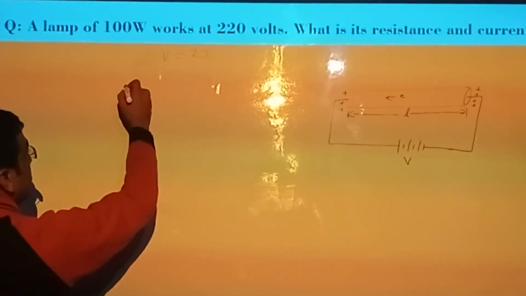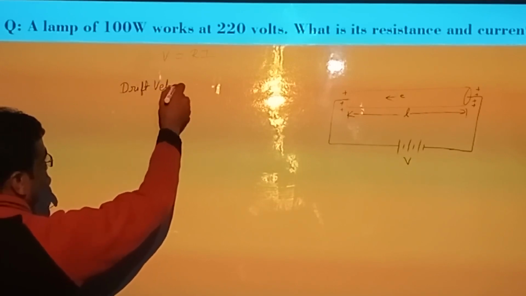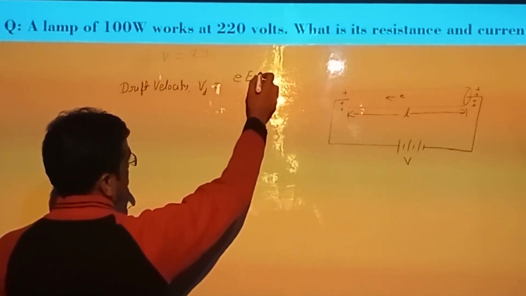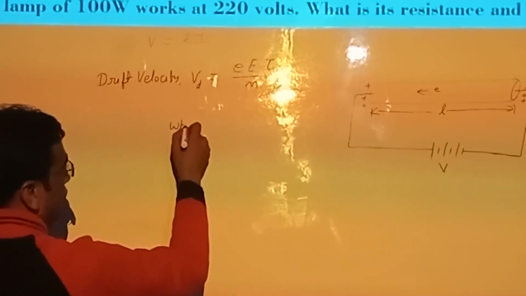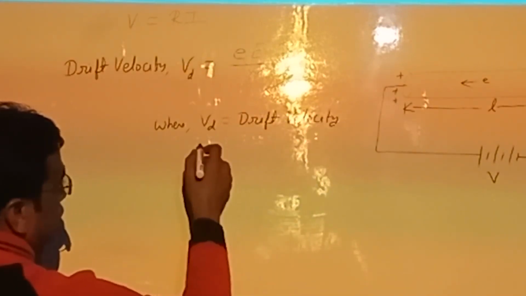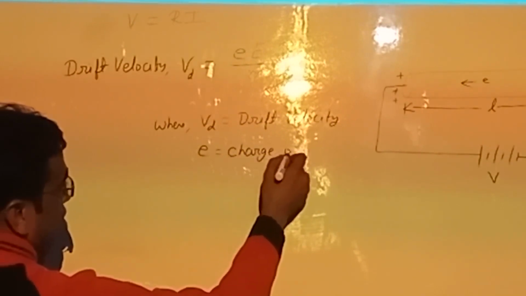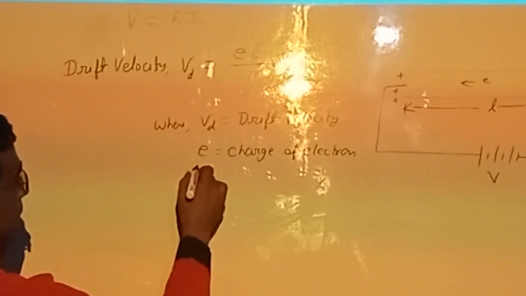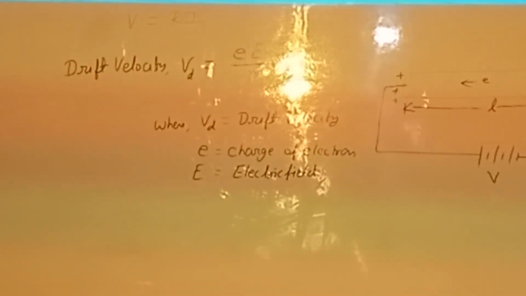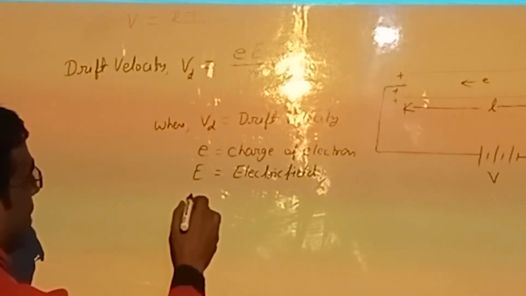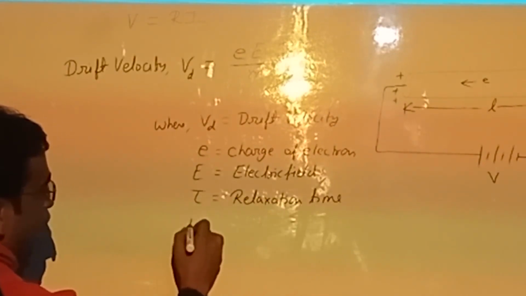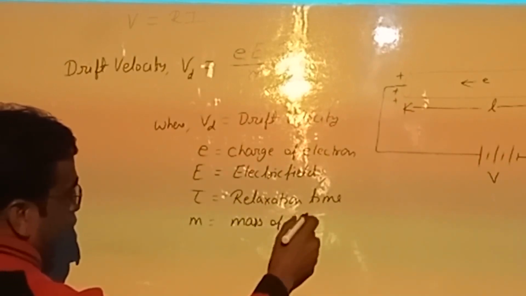So drift velocity, denoted by Vd, equals eE tau upon m, where Vd denotes drift velocity, e denotes charge of electron, capital E denotes electric field that is generated through the potential difference, tau is the relaxation time, and m is mass of electron.